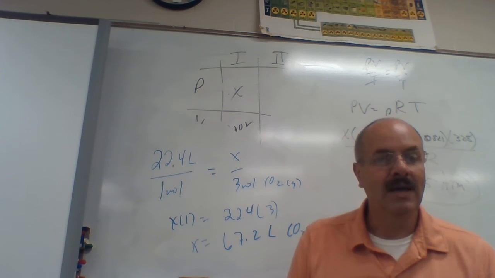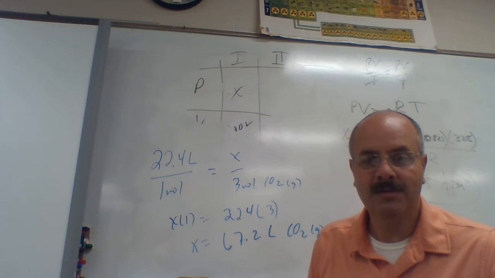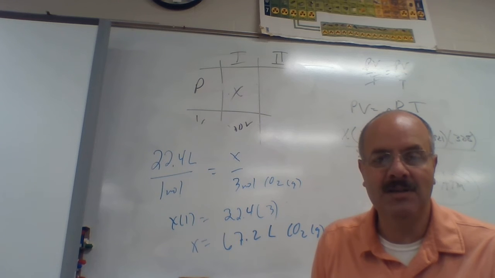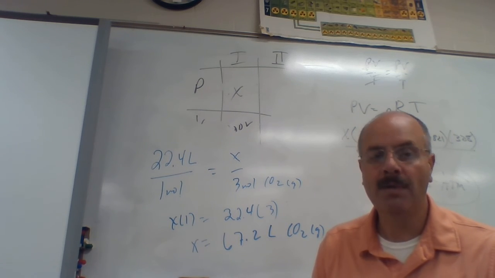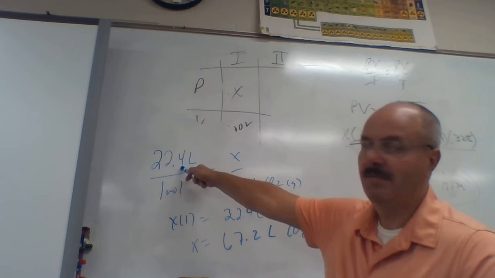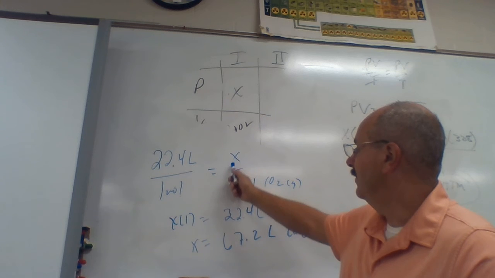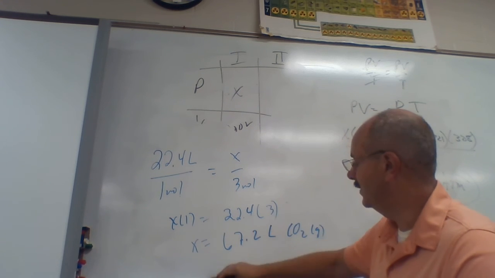Now, at the end, I asked, well, what if we change this to water vapor? Water vapor would be H2O as a gas, not H2O as a liquid. Does anything change? Nope, I don't have to recalculate anything, because remember, it's always 22.4 over 1, no matter what. Therefore, we'd have X over 3 moles, but the one piece that would change would be this.